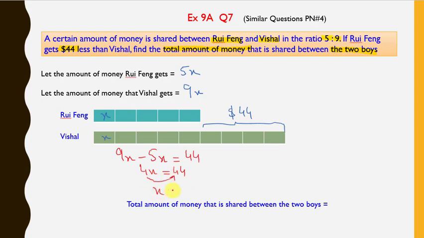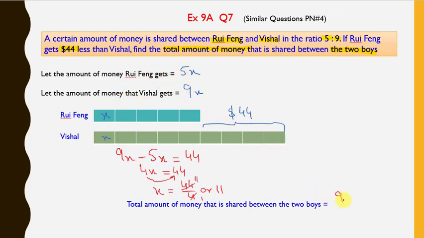So x is equal to 44 over 4, which will be equal to 11. 4 1 times, 4 11 times. So x is 11. We have to find the total amount of money, that is the amount Vishal gets and the amount Rufeng gets.